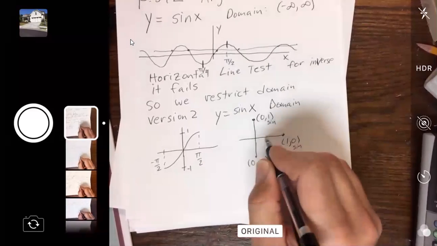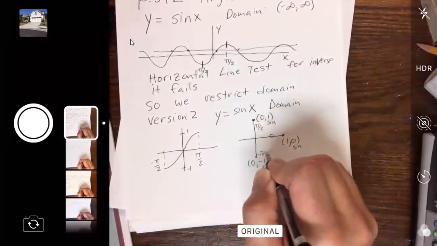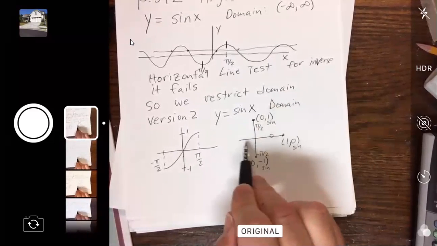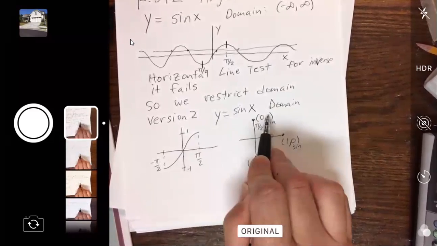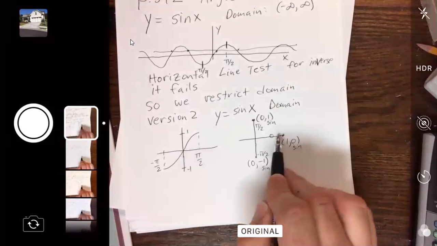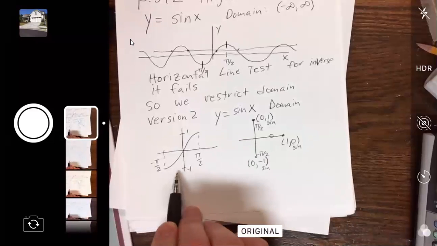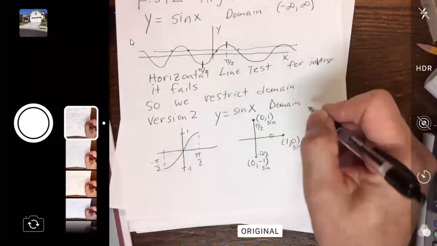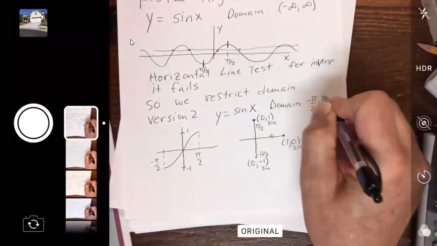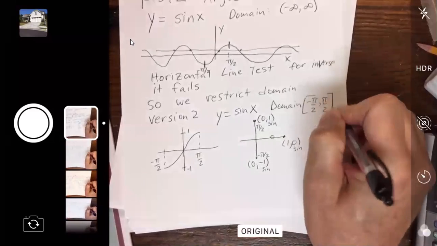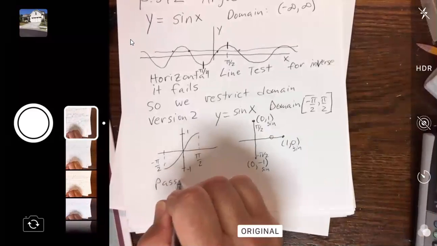At angle 0, you're at 0. At angle pi over 2, you're up to 1. And when you go backwards around the circle, at negative pi over 2, you're down to -1. So the domain is negative pi over 2 to pi over 2, in brackets. This now passes the horizontal line test.